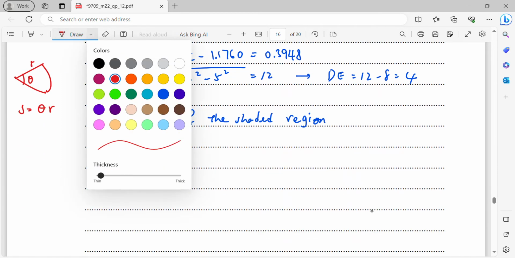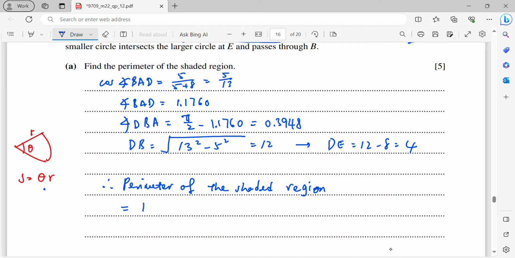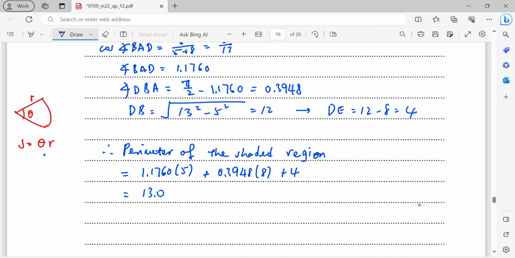So that means I will be getting 1.1760 times 5 plus 0.3948 times 8, then plus 4. Then you will be getting 13.0. So that is the perimeter. Then I will just write centimeter here. Okay, so done for the perimeter of the shaded region.